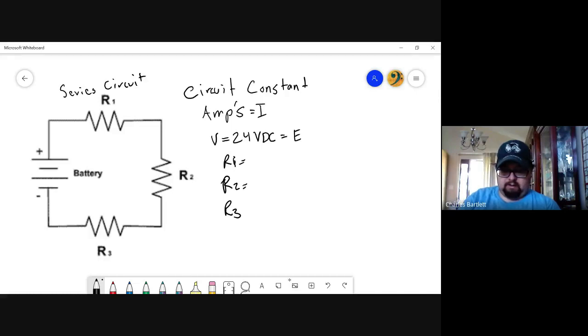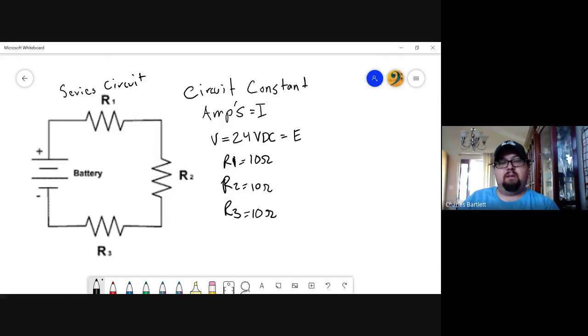This is where I would ask the class to give me some values, but we'll just make it simple and say 10, 10, and 10 ohms. Now, because we have these values, we can figure out the other values.